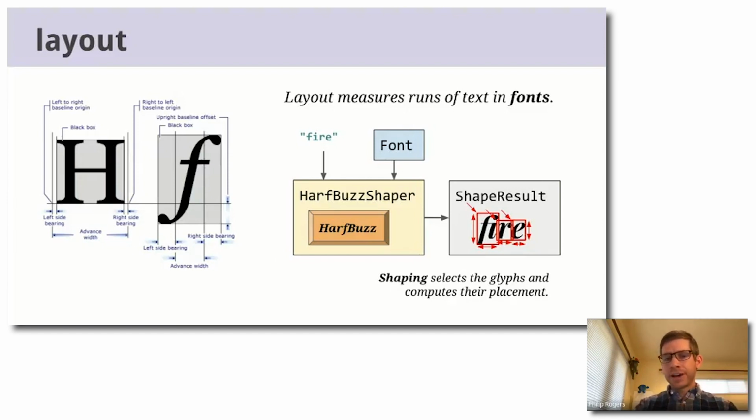In this example, fire has 4 characters, but this is actually rendered using 3 glyphs because we combine the F and the I using a single ligature, it's called. So there's a lot of interesting computer science going on in the measurements and shaping of text. We use a library called HarfBuzz to do this. And a lot of the engineering in layout is around using this HarfBuzz library in the most optimal way.